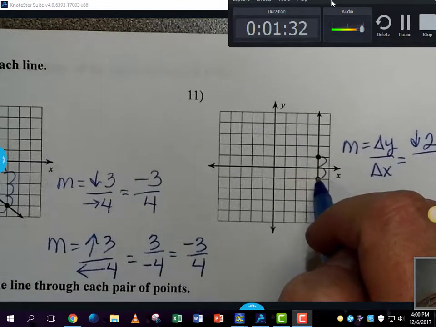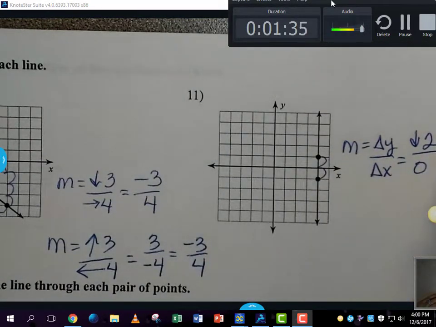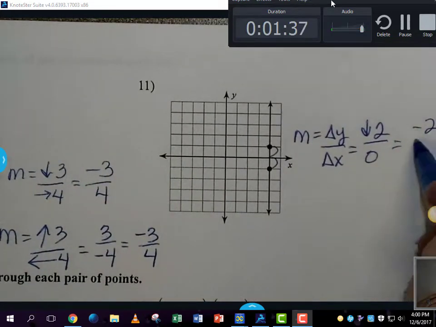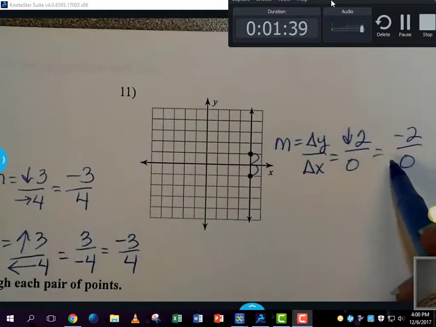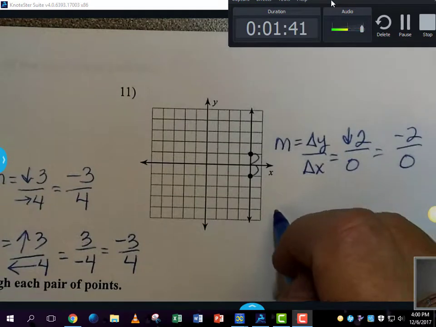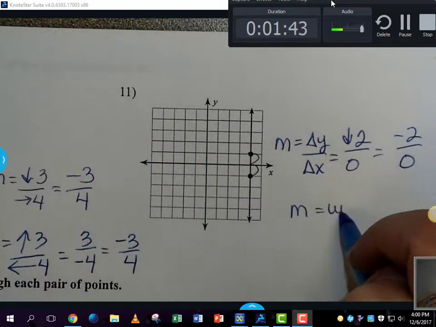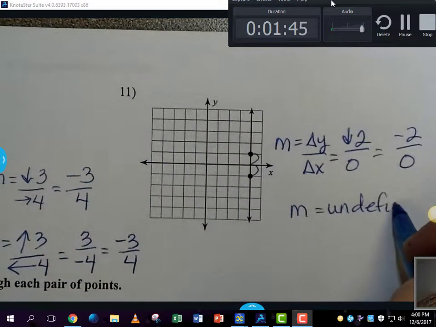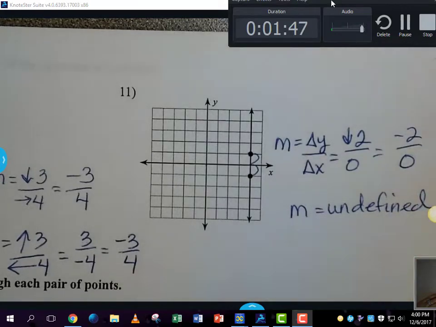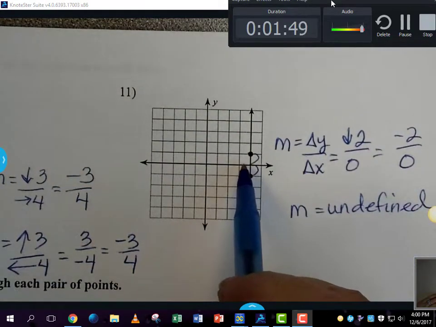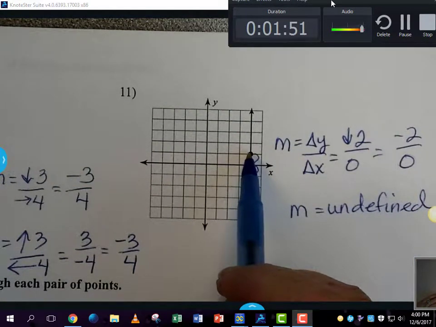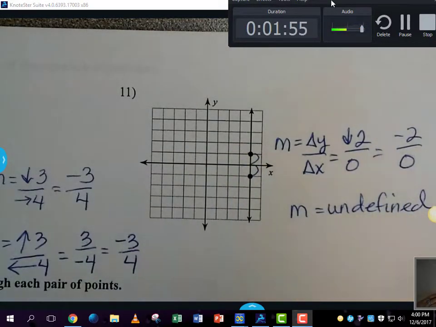So the change in x was 0. So this would be negative 2 over 0. Because I'm trying to divide by 0, I would say that the slope is undefined. Or I could have gone up by 2, but still I would not move left or right, so it would have been a positive 2 over 0, still undefined.